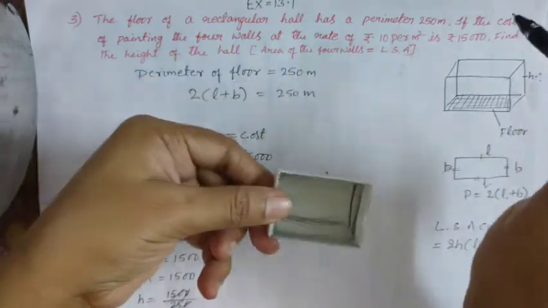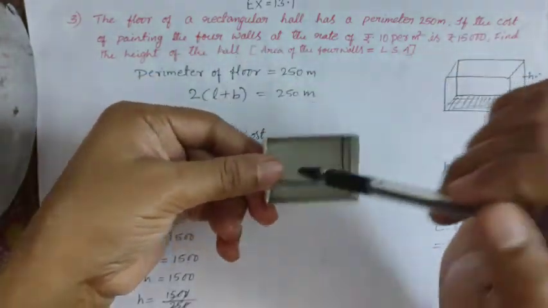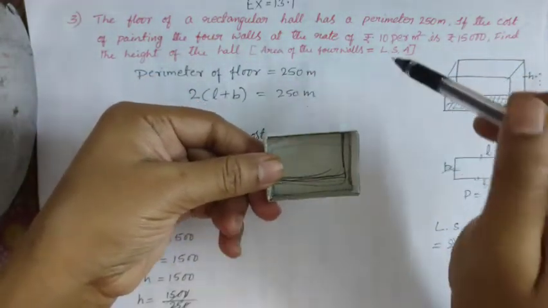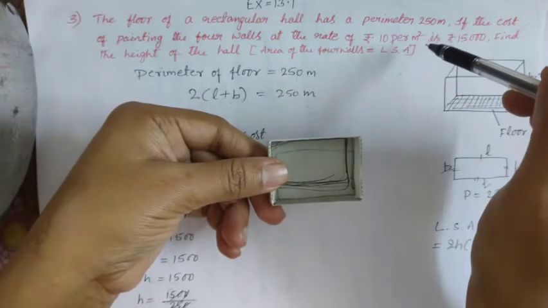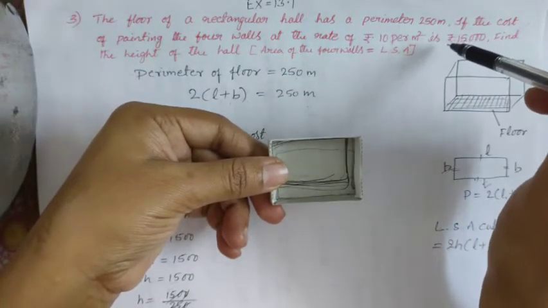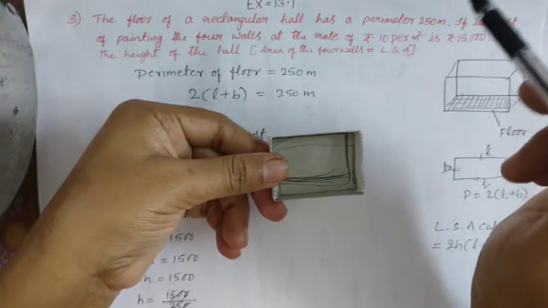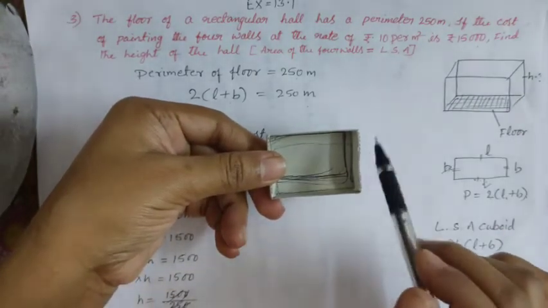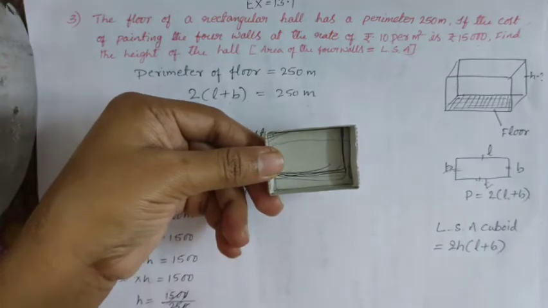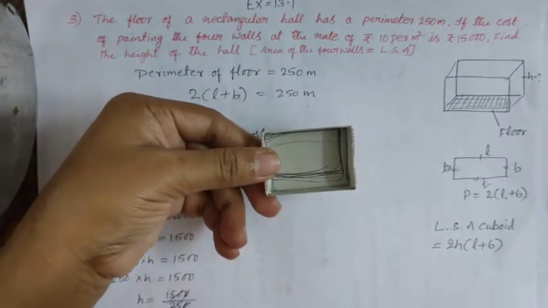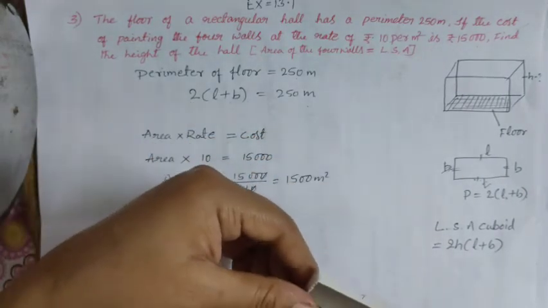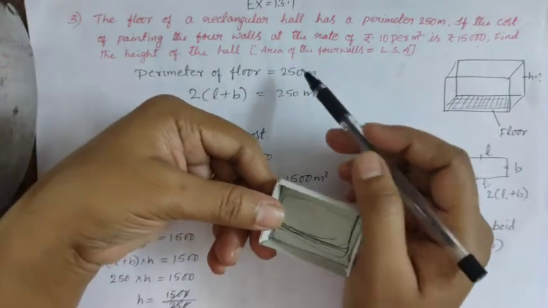The cost of painting the four walls at the rate of rupees 10 per meter square is rupees 15,000. The four walls are nothing but the lateral surface area.